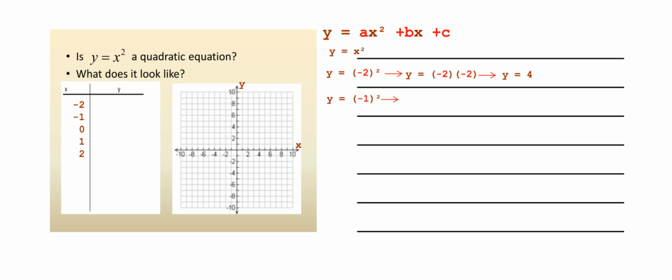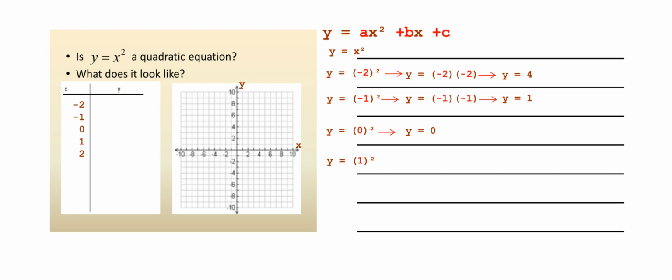y equals -1 squared. That's the other value we selected for x. -1, so -1 times -1. A negative times a negative is positive, 1 times 1, still 1. There we go. y equals the next value of x we picked, which was 0. 0 squared, 0 times 0, it's still 0, right? So y equals 0. And of course, y equals 1.